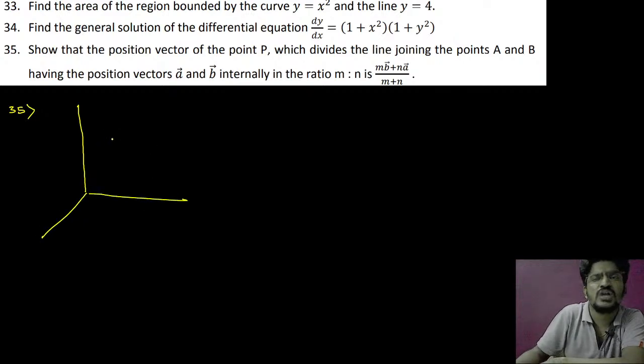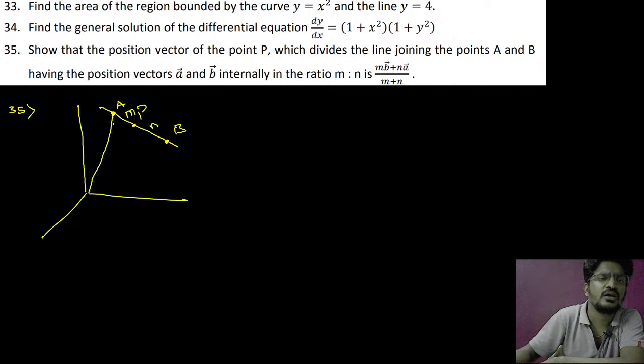Okay, so now let us take a line passing through 2 points. Let us take this is A and this is B, and take one arbitrary point P which divides in the ratio m is to n.